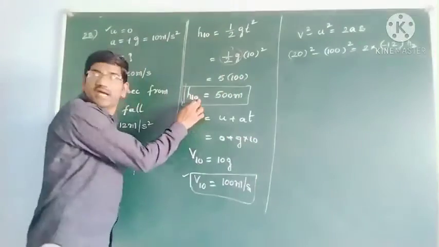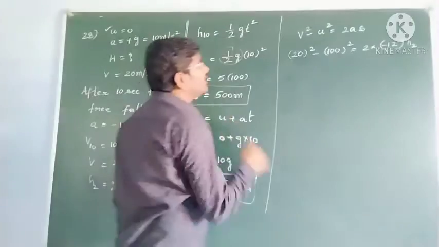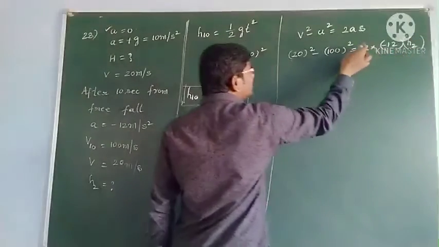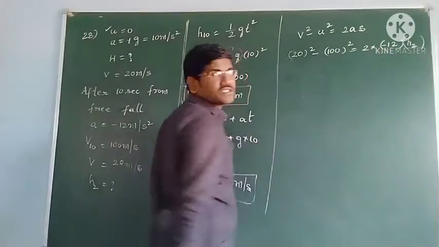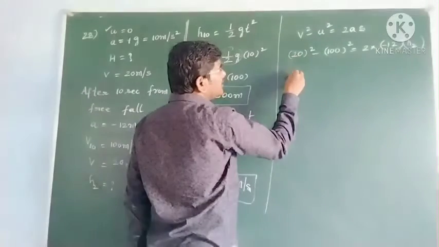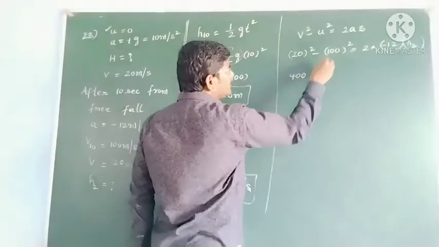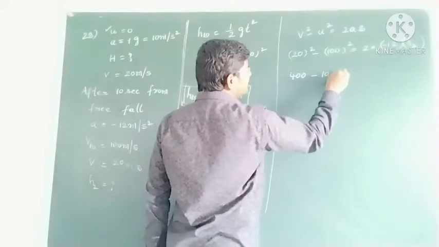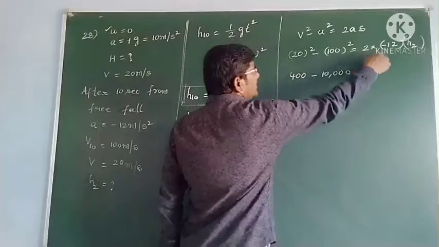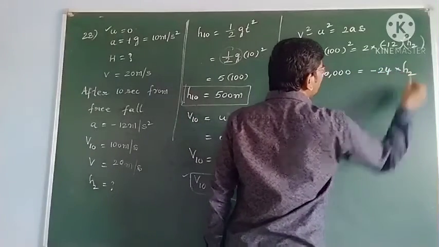This is the height fallen for the free fall situation, h1, and what is the height fallen with this retardation after reaching the ground, I want to know, h2. Then 20 square is 400 and 100 square is 10,000. So 400 minus 10,000 equal to 2 into minus 12 into h2, that is minus 24 h2.